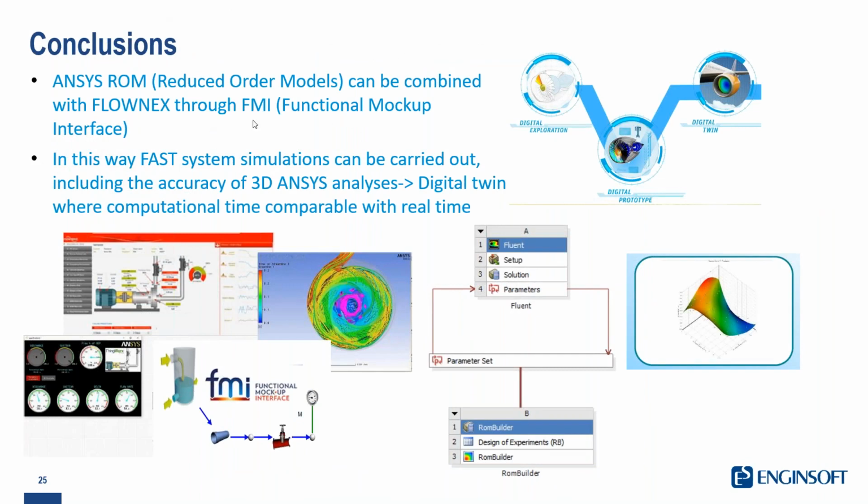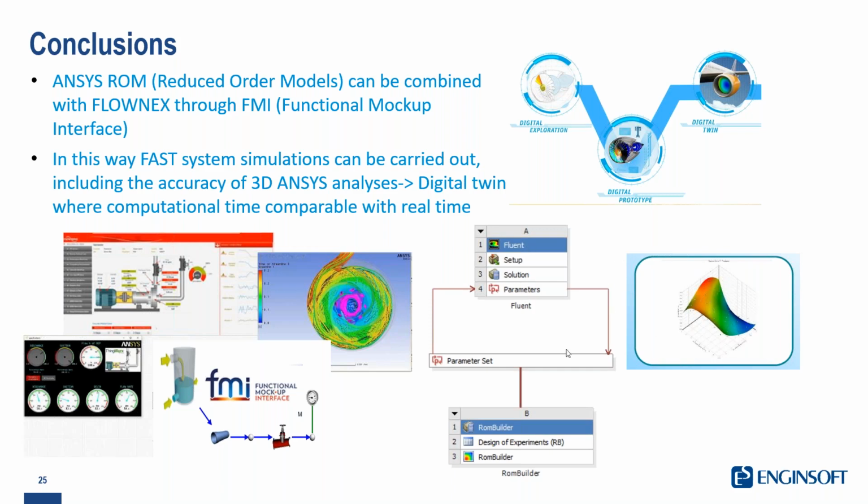So the idea in this case is to use reduced order models, provided by ANSYS, which is a way to create this surface of response, and using the functional mockup interface, which is just an informatic way to compress all this information in a unique black box.